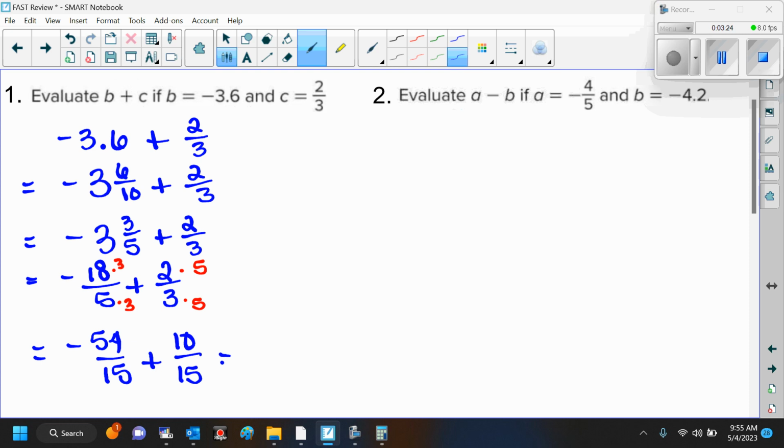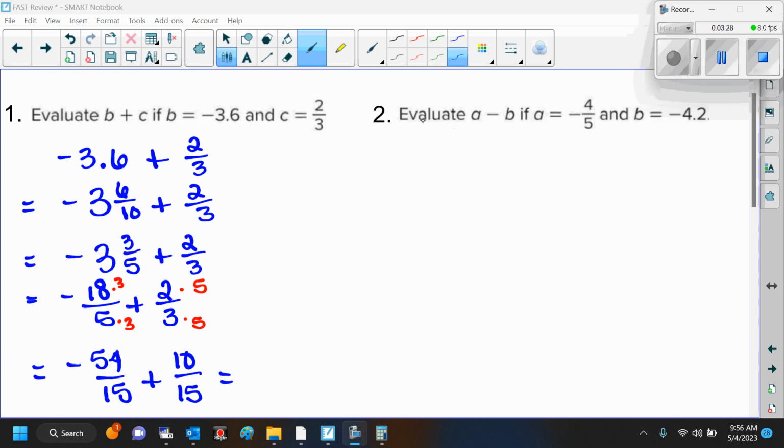So I'm just going to go this way because I don't have any more space over there. All right, so when we do this, we're going to look at the numerators. So we've got a negative 54 plus positive 10. What's that going to give me? Negative 44, right? Divided by 15.